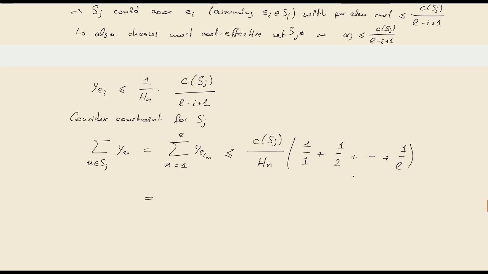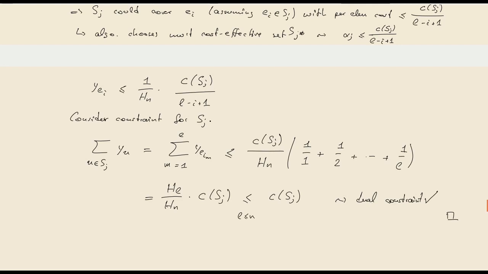And then this is just HL divided by HN times the cost for this set. And since L is less or equal than N, not necessarily strict, this is at most the cost. And well, this was exactly the constraint in the dual. So the dual constraint is satisfied.